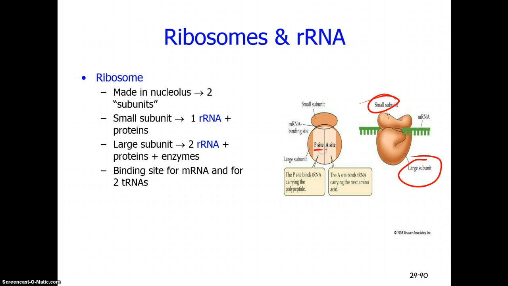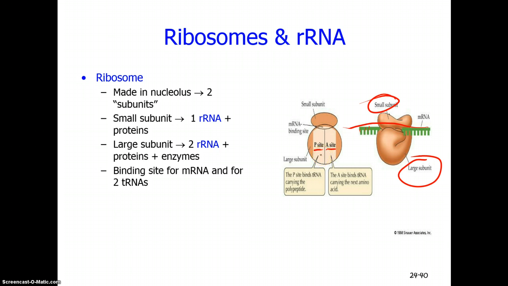Okay, so the large subunit is where we're going to have these binding sites. We have the P site and the A site. Hopefully I'll be able to show you guys a video that shows you transcription and translation, and you'll be able to see a ribosome, and it actually will have 3 sites. We're just going to really focus on the P site and the A site, and I'll discuss the last one when we watch the video. Okay, so binding sites for mRNA and for tRNA. So we're going to have the mRNA in here in between the large and the small subunit with all of their nitrogen bases here.